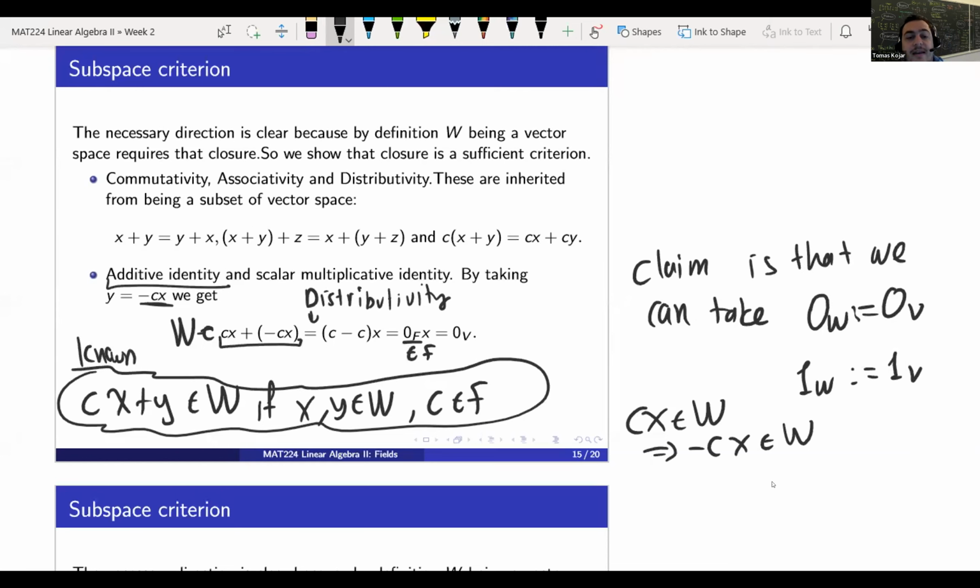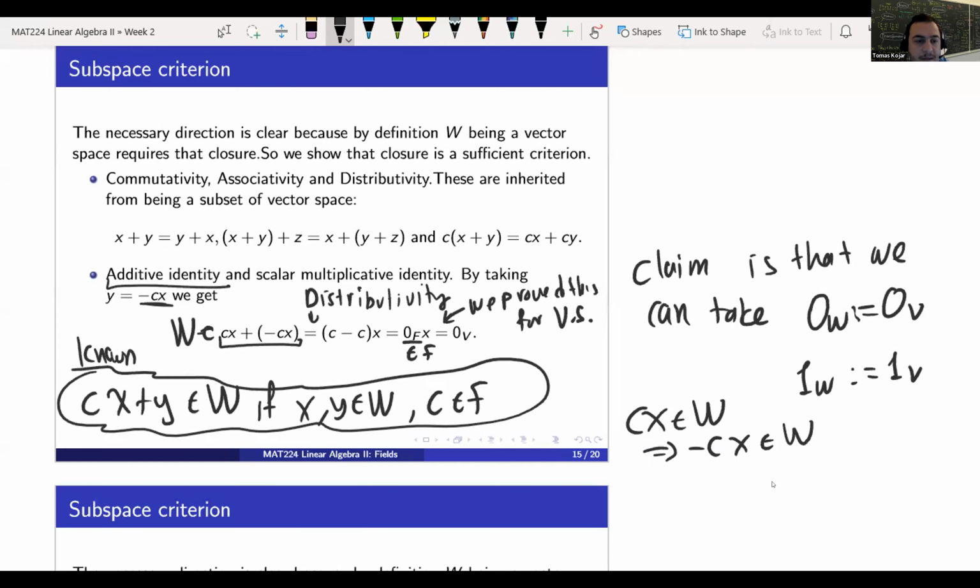And then here we use one of the properties we proved for vector spaces. We know V is a vector space.